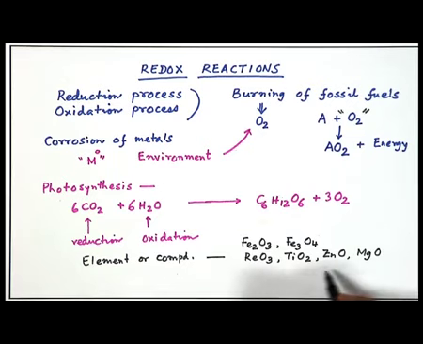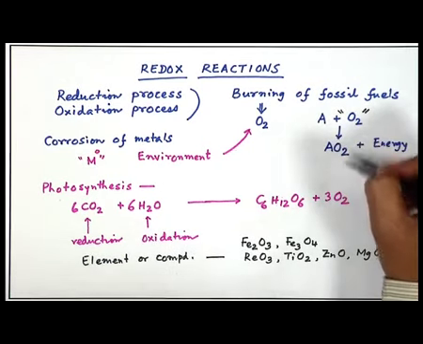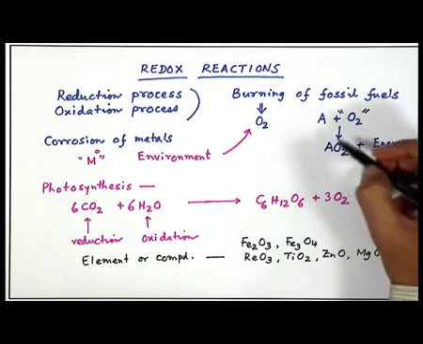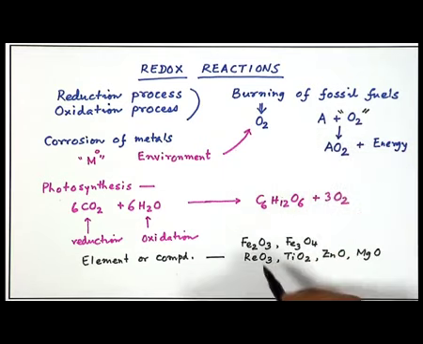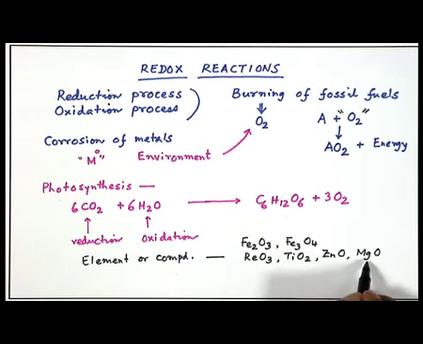These are very simple examples of addition of O2 to a metal, where you have iron, rhenium, titanium, zinc, and magnesium.